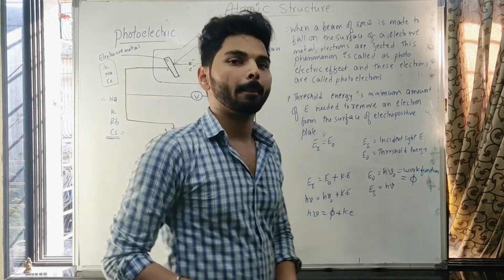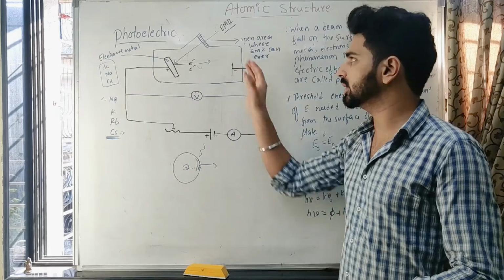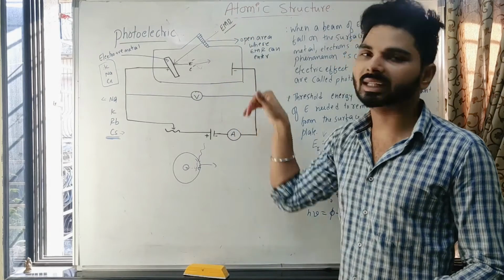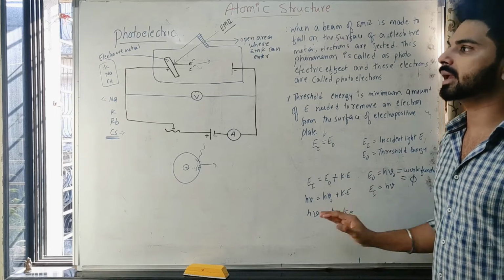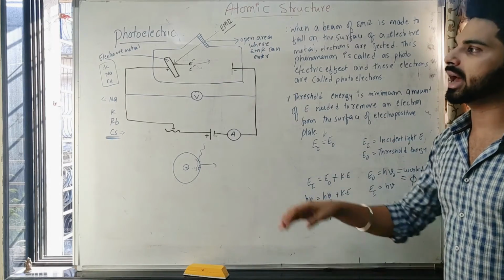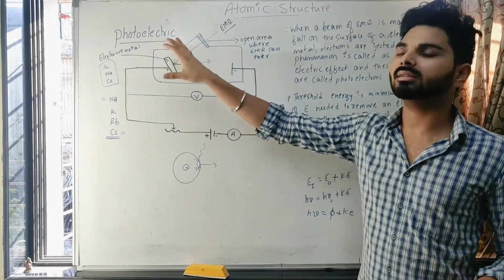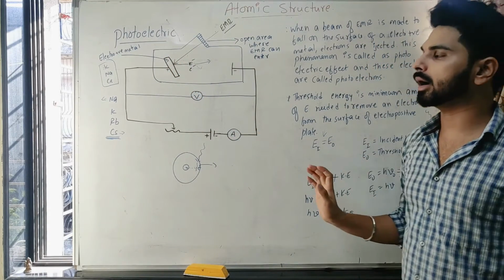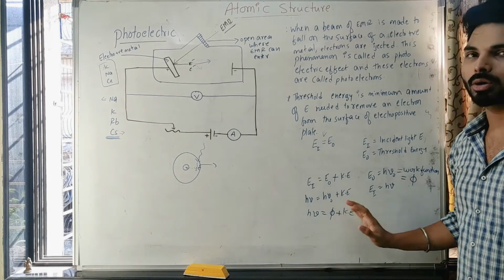If you keep the same electropositive metal and do the experiment by changing other factors, then the work function won't change. The work function remains the same, because it is the property of the electropositive metal. If you change the electropositive metal, then the work function will change. Apart from that, changing other things won't change h nu naught or the work function.